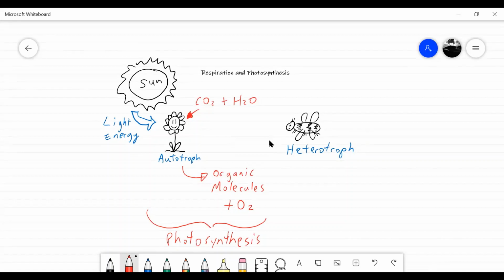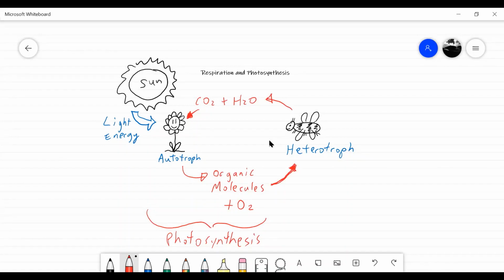Okay, so on the other side of things, we have our little heterotroph, and our heterotroph is eating food in the form of organic molecules, and he is using oxygen to oxidize those organic molecules. And so what is he making? He's making carbon dioxide and water, but that's not the only thing that the heterotroph is making.